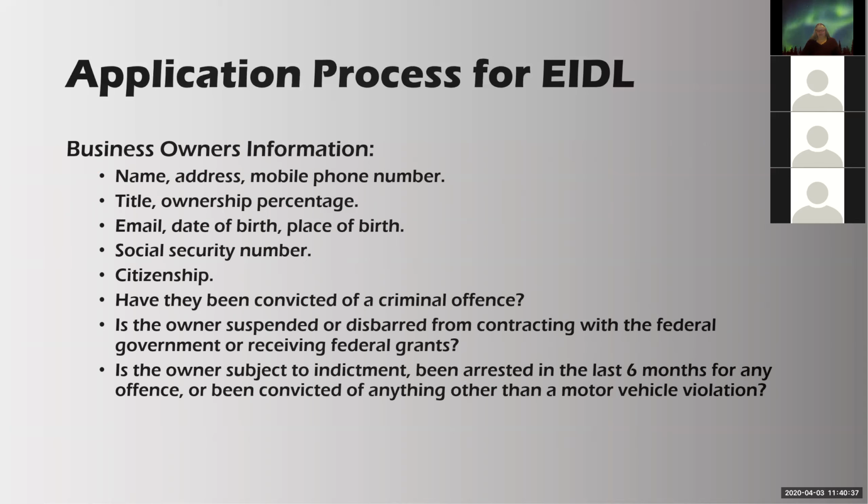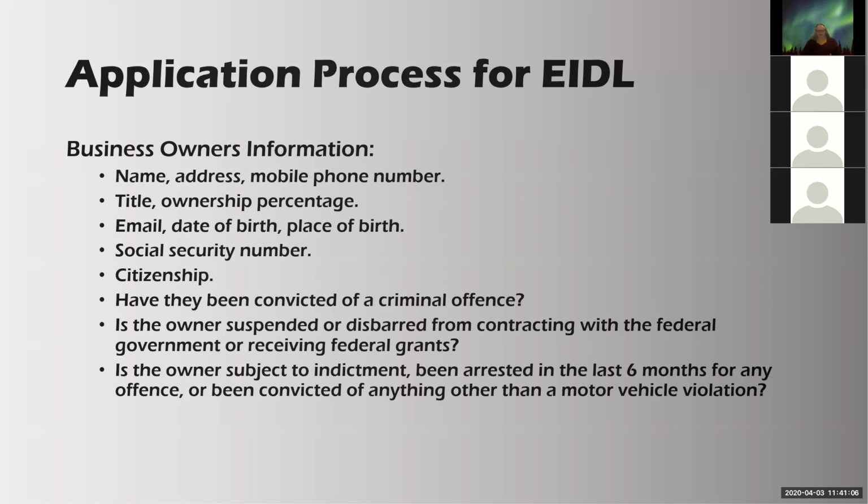You have to have the business owner's information. This is anyone that has at least 50%, so it's whoever is actually making the loan request. For the most part, unless you have a really large company where everybody has under, let's say, 10%, you're going to have to put in more than just the one person.